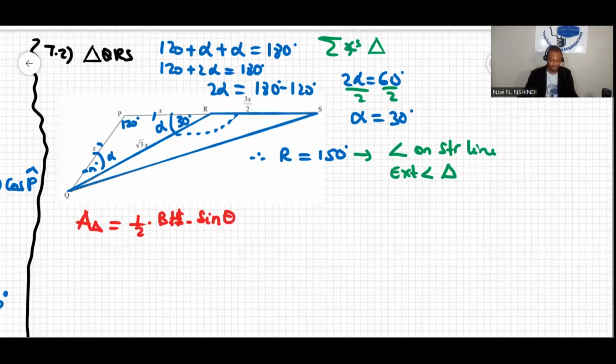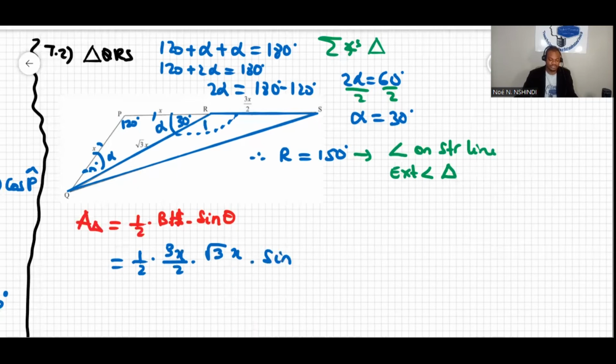So this will be a half times the base, which is 3x over 2, times square root of 3x, times sine of the angle.